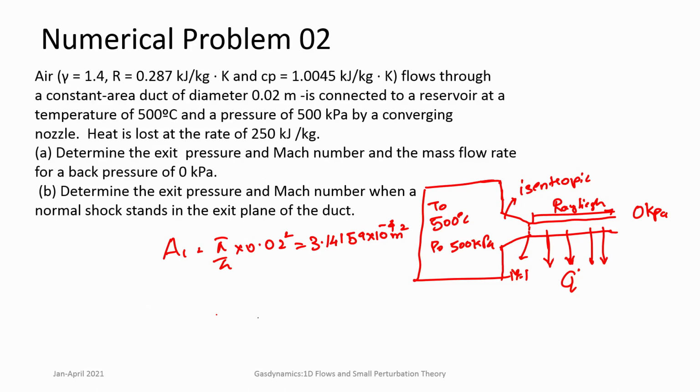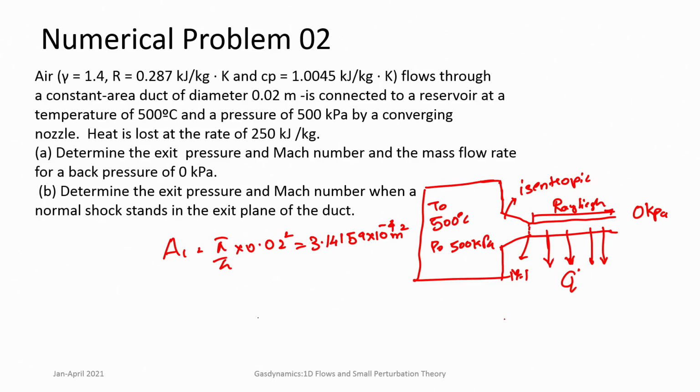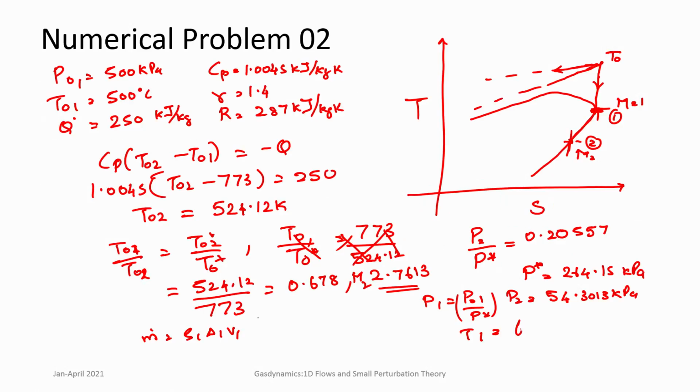Then P1 is known, T1 is also known. T1 can be found out from T01 by T star, an isentropic process. T1 is 644.167 Kelvin, and therefore you can find the density rho 1.